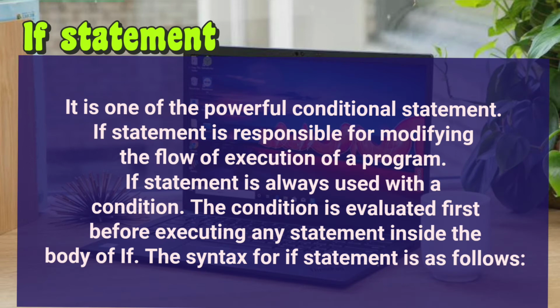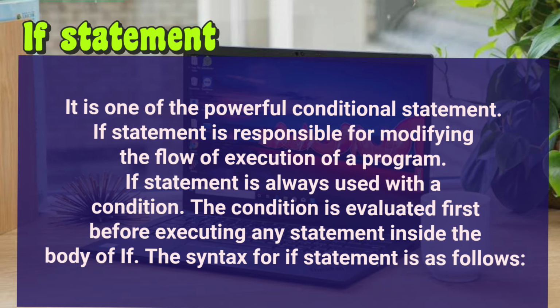So dear friends, our first topic is the if statement. It is one of the powerful conditional statements. The if statement is responsible for modifying the flow of execution of a program. The if statement is always used with a condition. The condition is evaluated first before executing any statement inside the body of if.